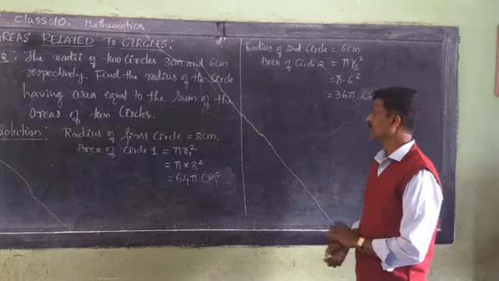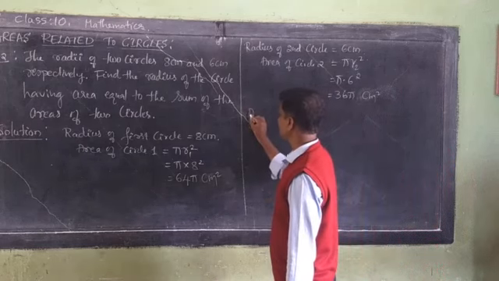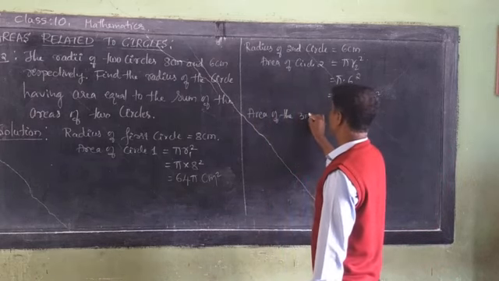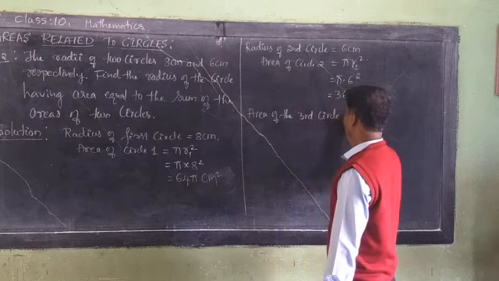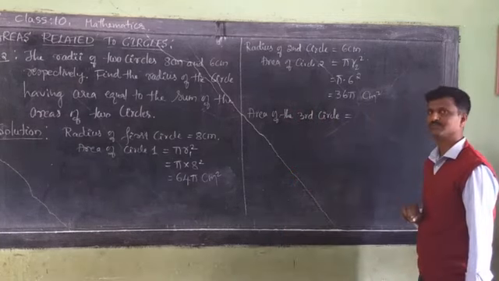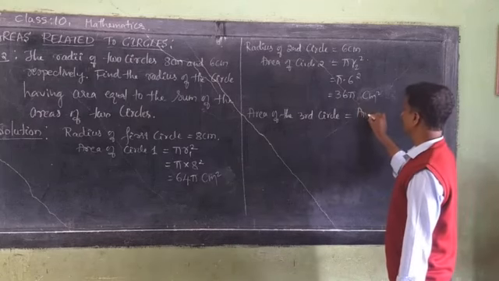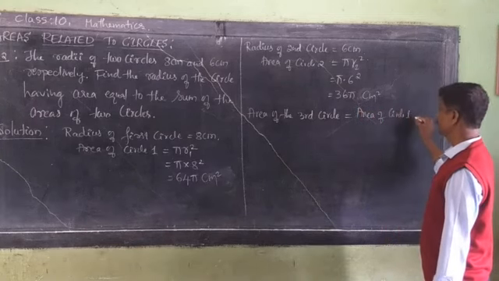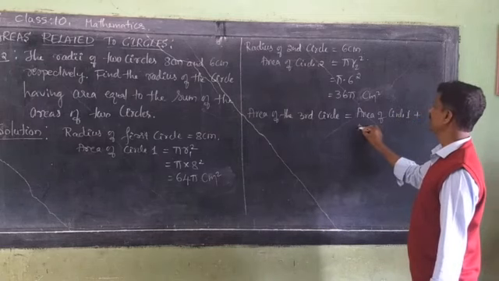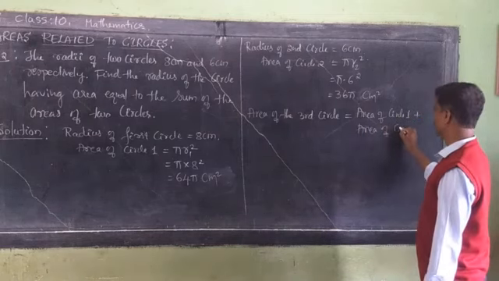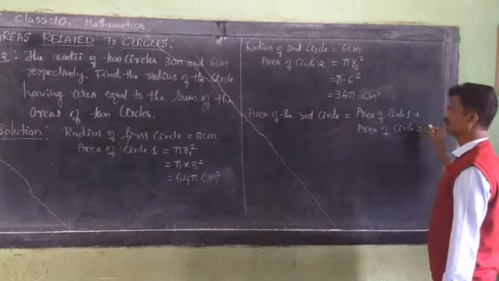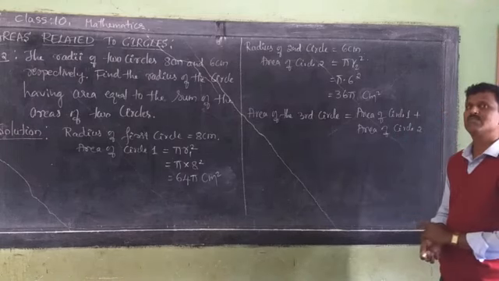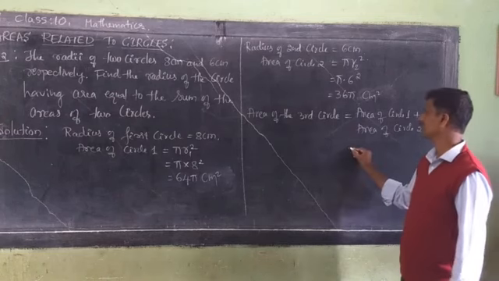So, area of the third circle is equal to area of circle 1 plus area of circle 2. What is the area of circle 1?